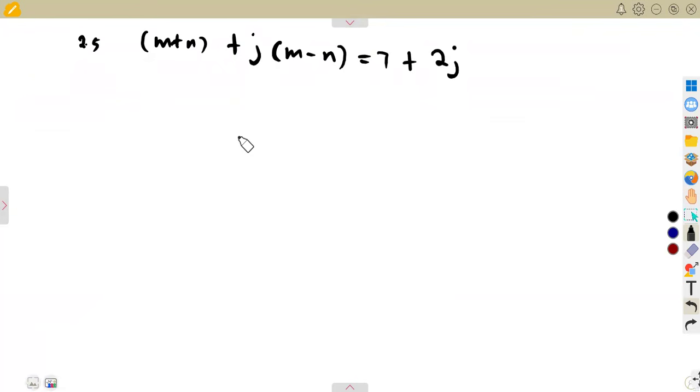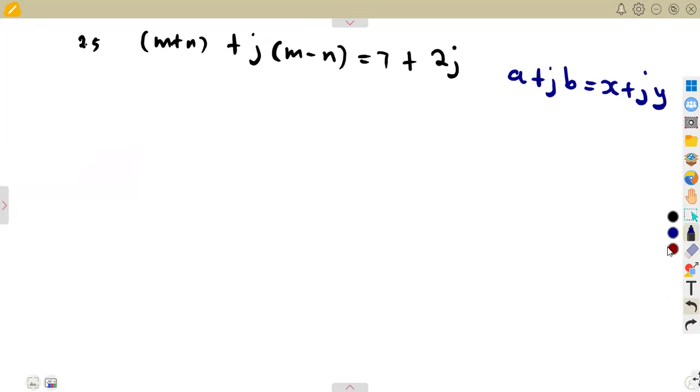These are complex numbers. Remember, from your rectangular form, there is no way that you can write a plus bj to be equal to x plus yj. Let me start with the j so that you understand: jb is equal to x plus jy.